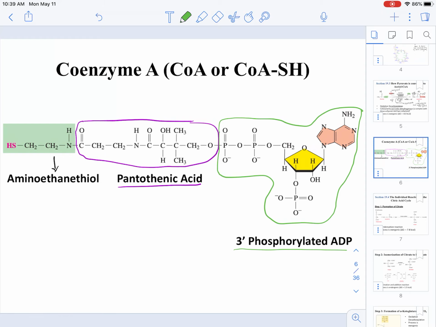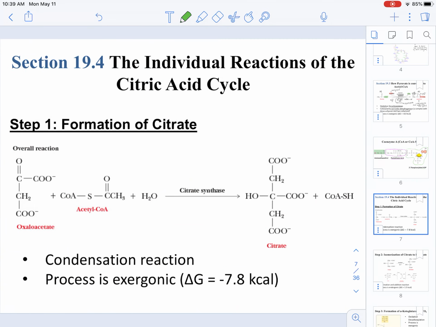Now, we are going to talk about the steps in the TCA cycle. So, step 1, formation of citrate.